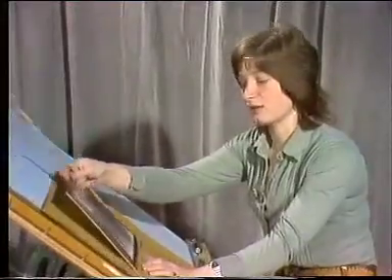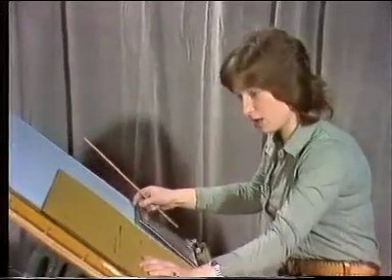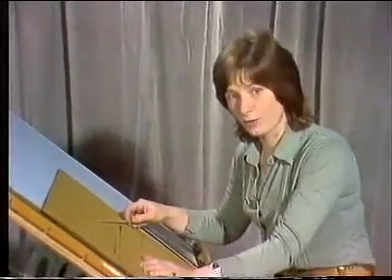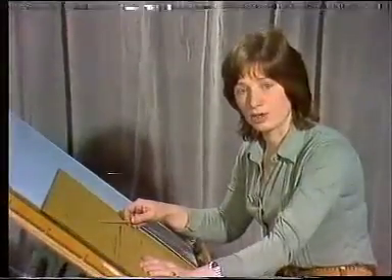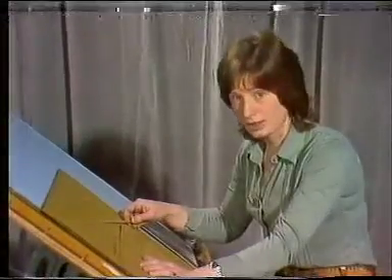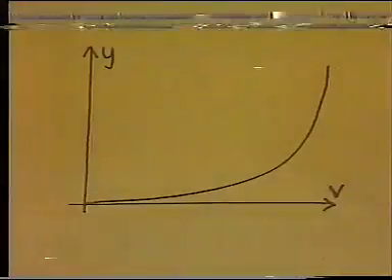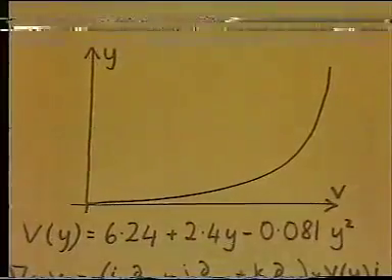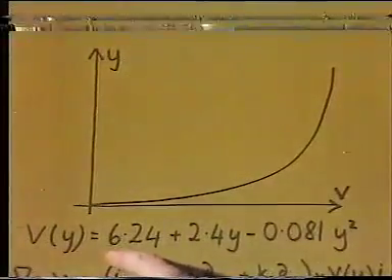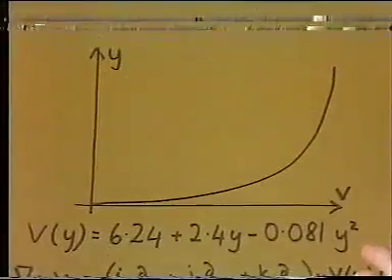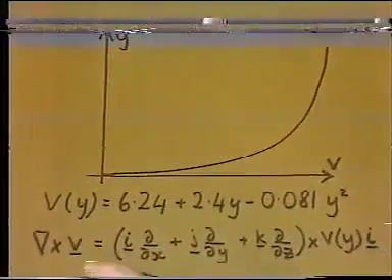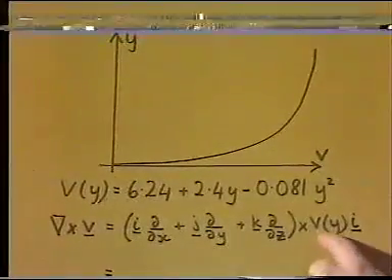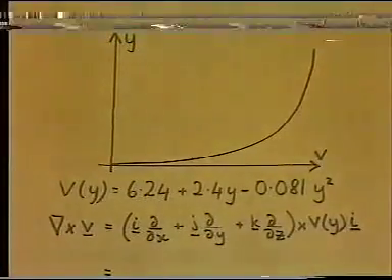Well, I've isolated that curve and drawn it here, and you've seen this curve before, because in the least squares section of Unit 3, you were asked to calculate the equation of some experimental data, and this is it. You worked out that the velocity was this expression. Now, we want to take the curl of that, so curl V will be this crossed with V of y in the i direction.